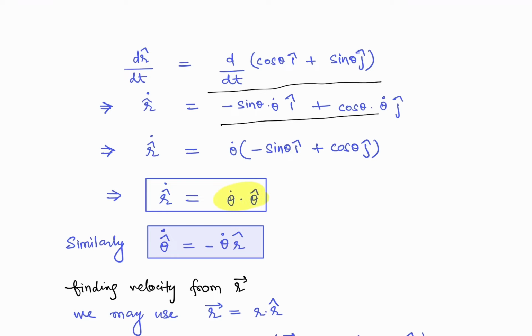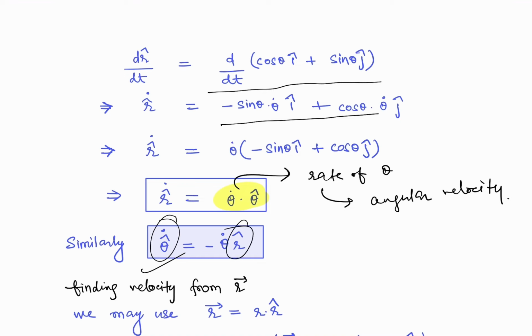Theta dot is nothing but the rate of change of theta, which is also called angular velocity. Now the same thing when you do for theta cap, you will get minus theta dot r cap, and you can see that the rate of change of theta cap is in the direction of r cap and the rate of change of r cap is in the direction of theta cap.